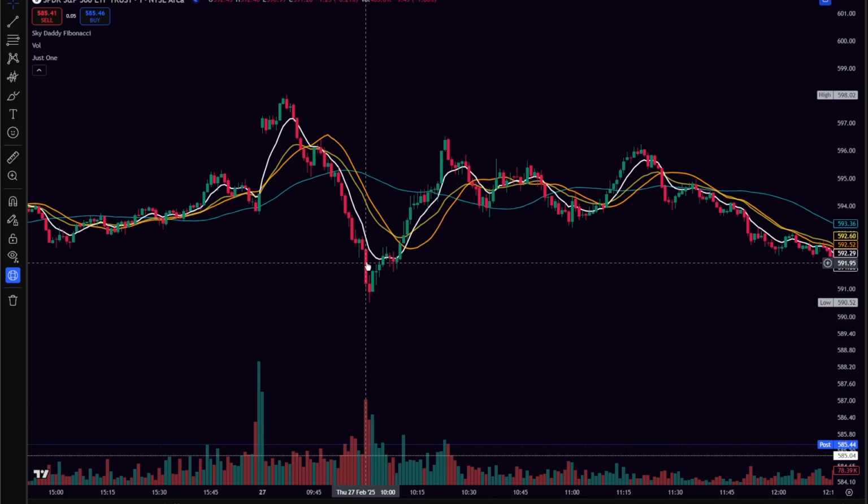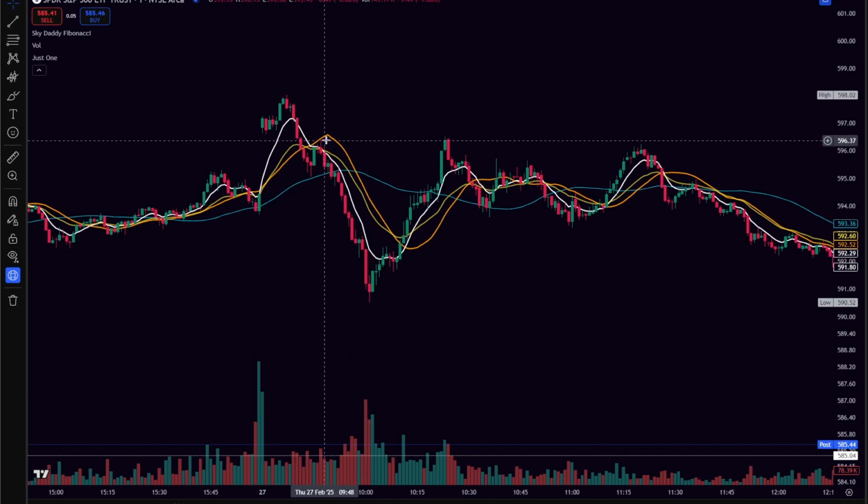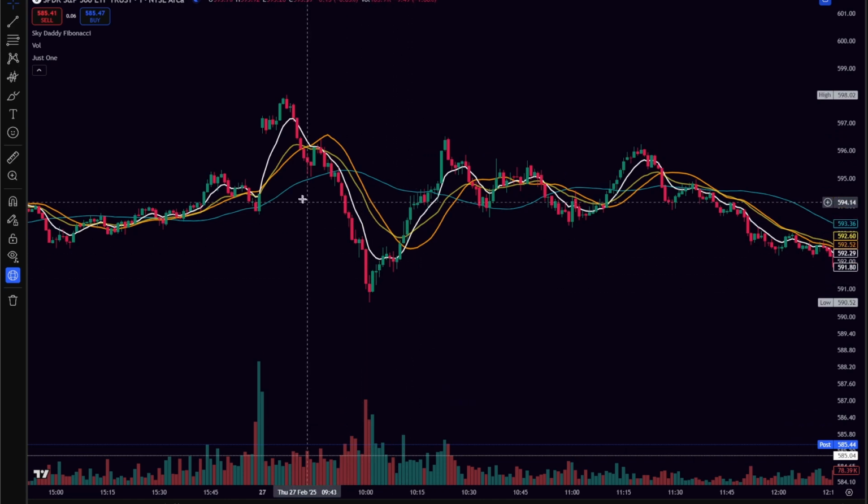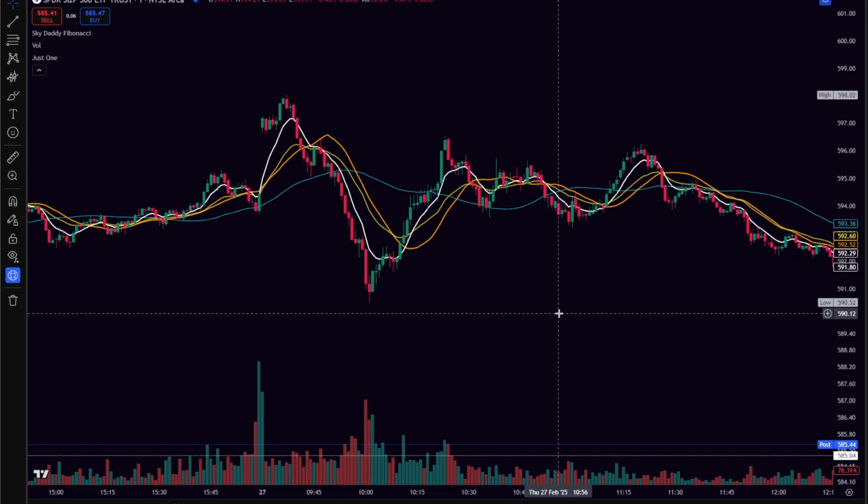Today I didn't trade the first half hour, and 10 or 10:30 was right here, so I at least had something to go off of. I don't usually play the gap rule unless it's right at a golden pocket or a Fibonacci that we could bounce off of.